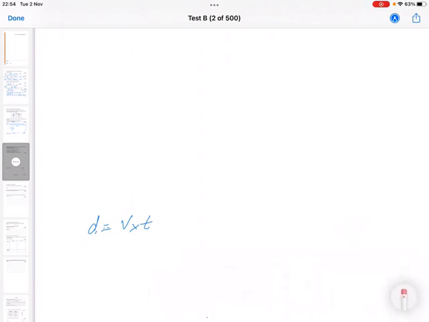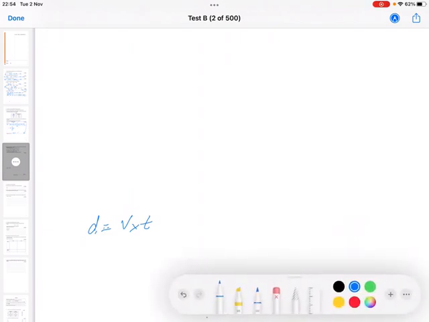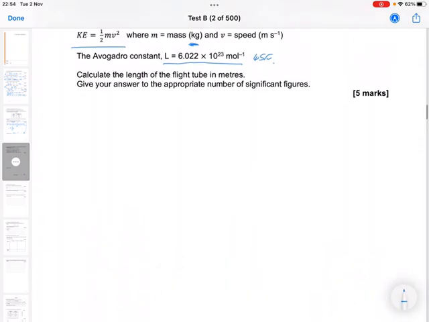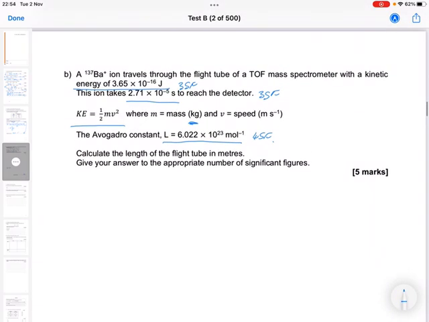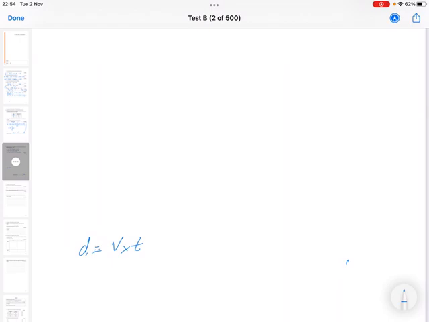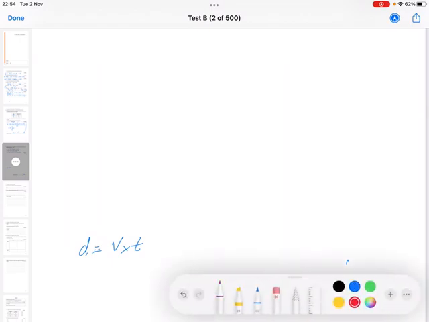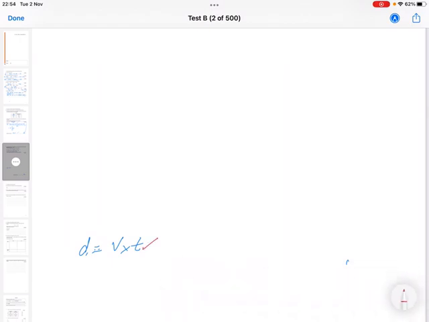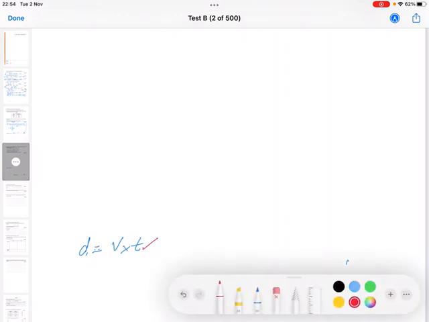So let's have a look at what we've got in the question. I'm given the kinetic energy and I'm given the time. So I've got time, but I haven't got velocity. So I need the other formula that has got velocity in.